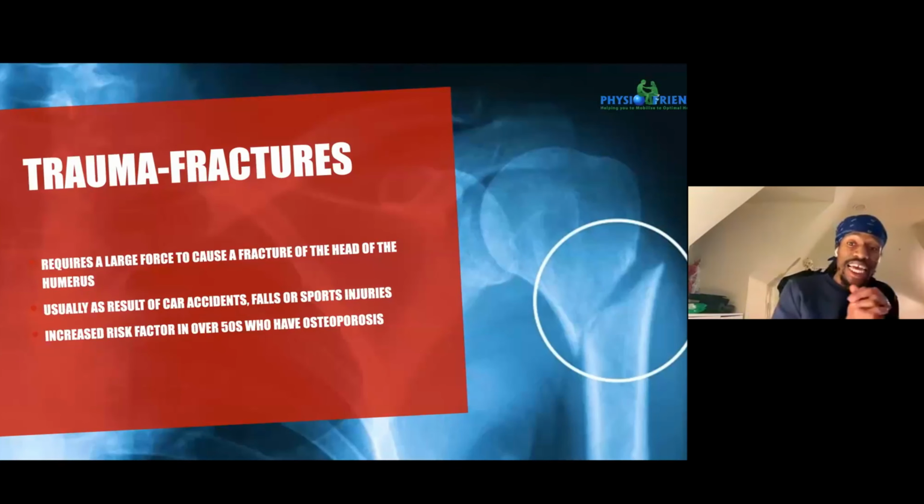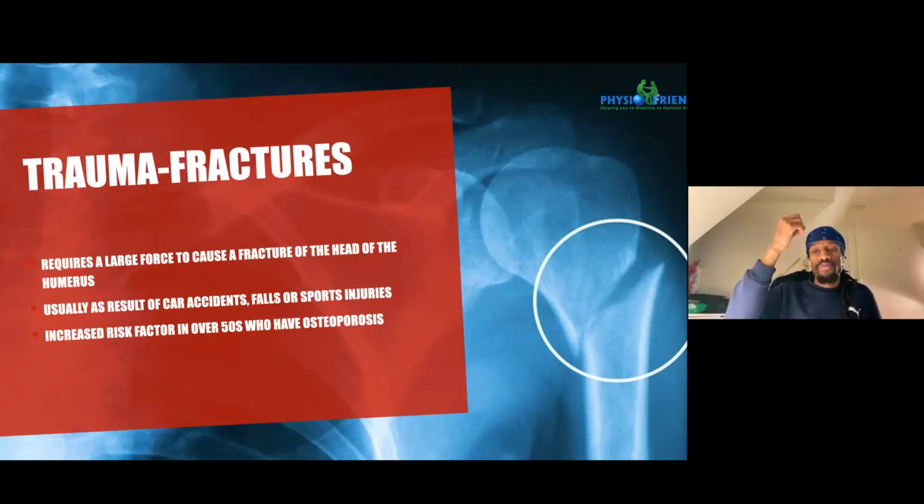So let's look at some of the problems that happen in the shoulder. Because we know that the shoulder prefers to be mobile rather than stable, we can get a lot of problems where we can fall, or in sports, it's very exposed to traumas.